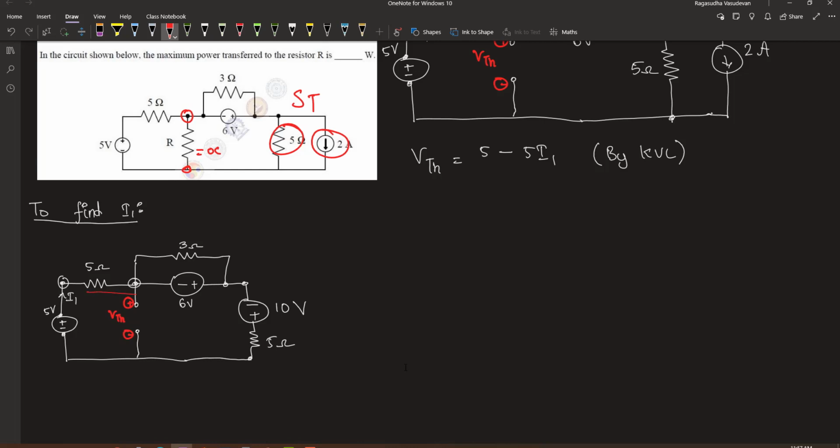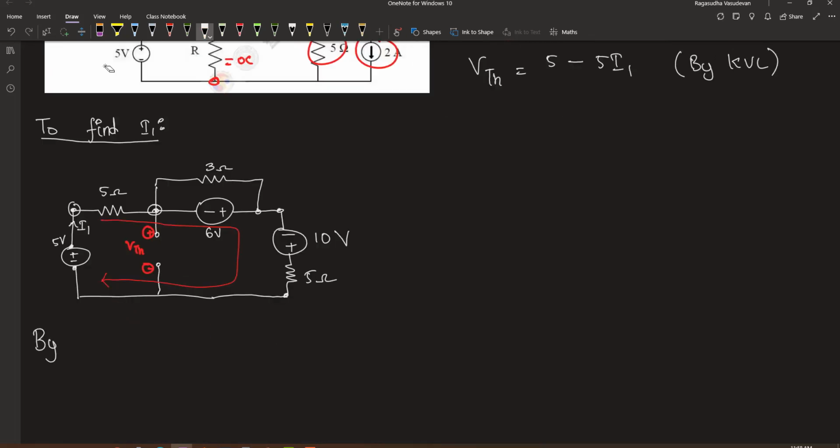Now let's apply Kirchhoff's law to this loop. By Kirchhoff's voltage law, we get 5 minus 5I1 plus 6 plus 10 minus 5I1 is equal to 0. So this implies that 21 is equal to 10I1.